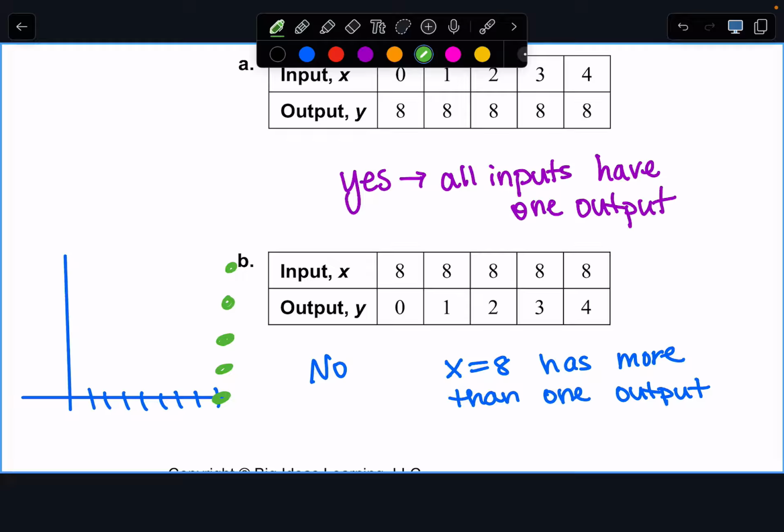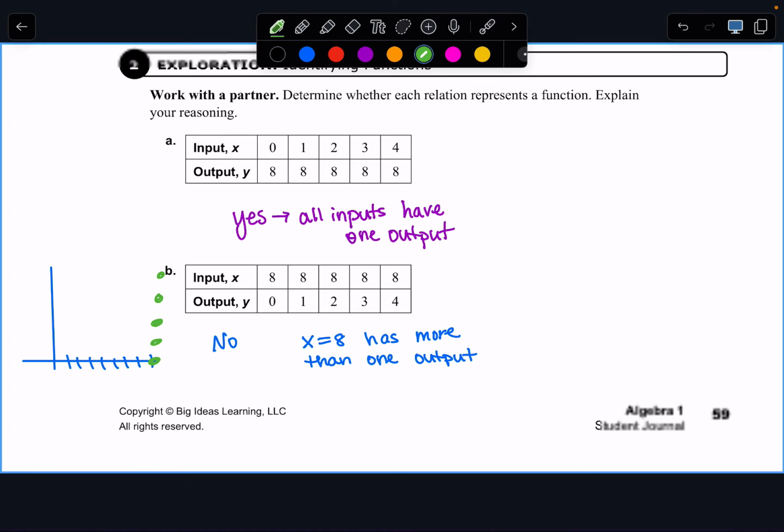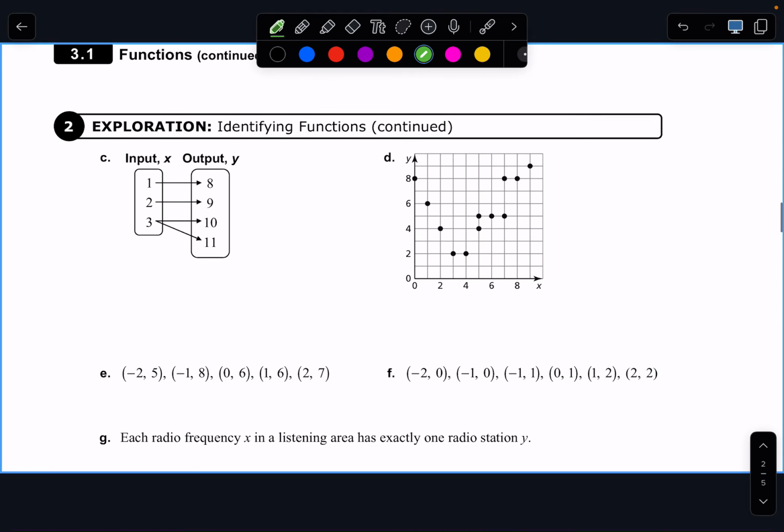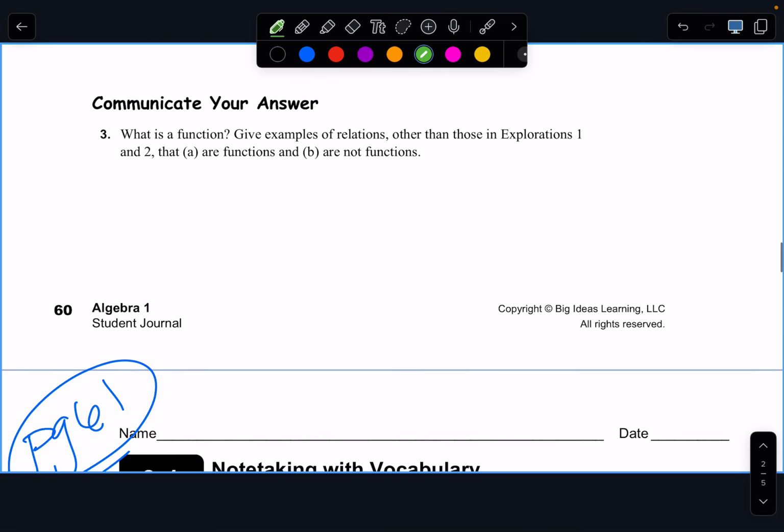If we have 2 points that are vertical from each other, then it's not going to be a function, because if we are vertical from each other, our x's have 2 different y values.